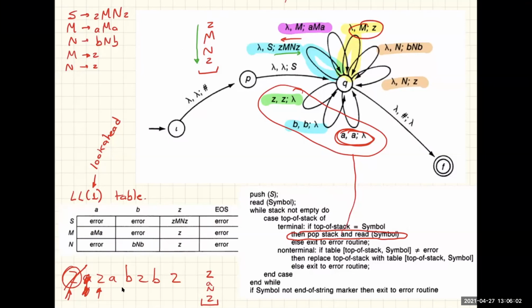This represents the rule with A, M, A. This represents this rule, and the other one represents the rule with Z, M goes to Z. And the same for the other ones. We have B, N, B, which is this rule, and N goes to Z is this rule. And finally, of course, the other rules, this one is this rule.